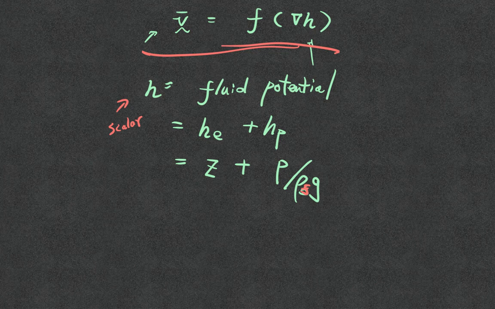Now, can every vector be written as a gradient of something? Let me ask you a question. If I have a vector, a vector field more accurately, a vector as a function of position, can it always be written as some kind of potential? Meaning, can I always find the corresponding potential such that if I take the gradient, I get back the vector field?